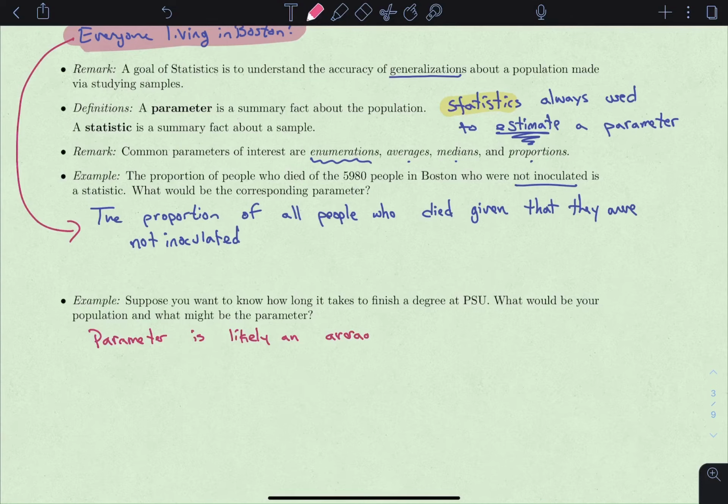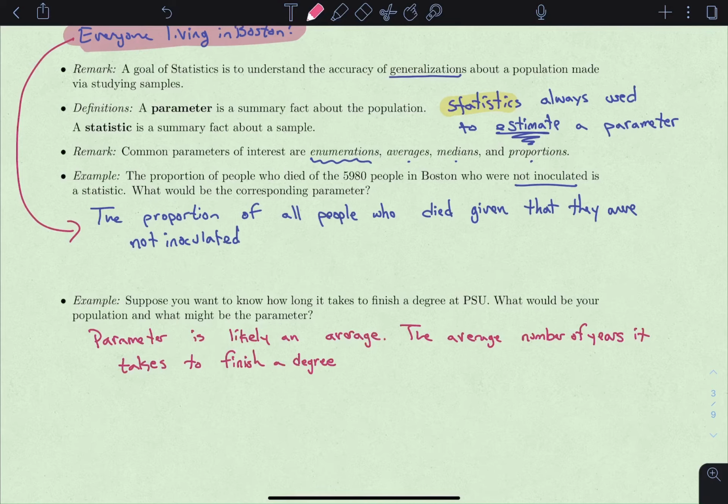Right, you'll probably want to say the average number of years it takes. Although you could make an argument for a median. And you could also make an argument for proportion, the proportion of people who finish within 6 years.